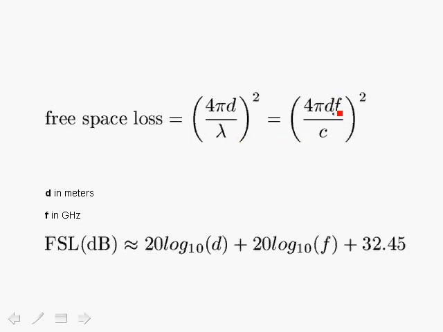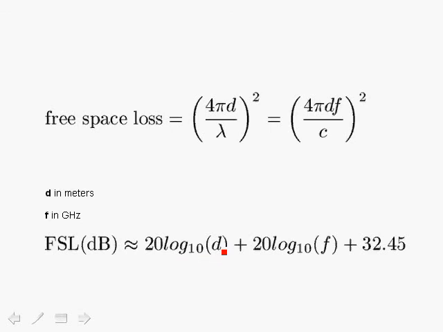So we see that as the frequency increases, as you go to higher and higher carrier frequencies, your free space loss also increases. This expression down here is very useful for our application. It expresses the free space loss in dBs.